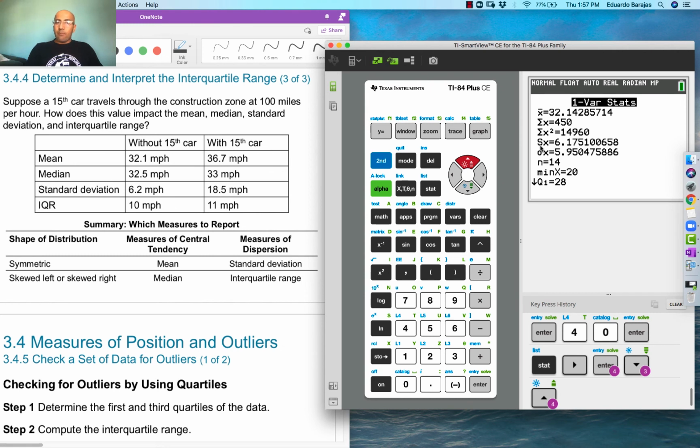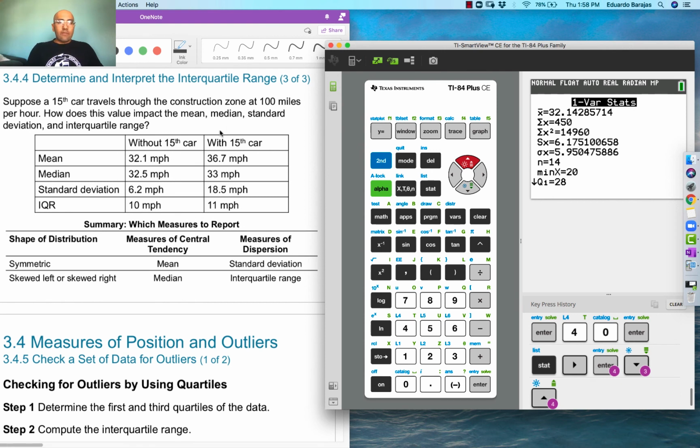Remember that this is a sample. This isn't every single car on the road ever. It's just the sample of cars they found when they went out there. So we use the sample standard deviation, not sigma, which is for a population. And if we subtract Q3 minus Q1, the IQR is 10.